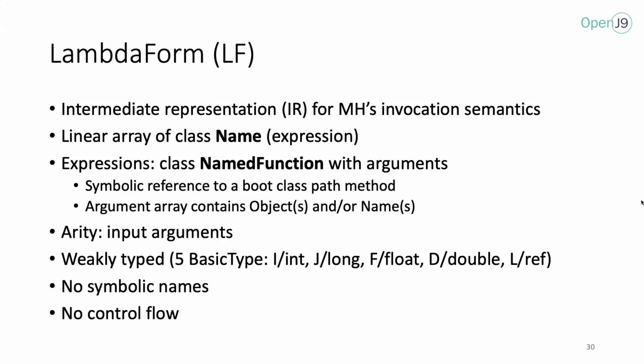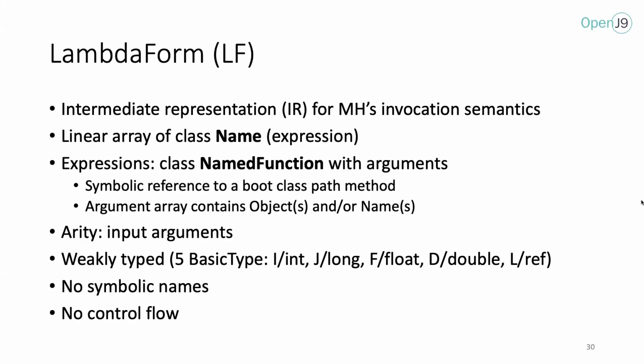It has a linear array of class Name. We saw that on the right-hand side, there were 7 elements in that array. And those elements are expressions which define the behavior, such as what functions need to be invoked and what arguments the functions will take.